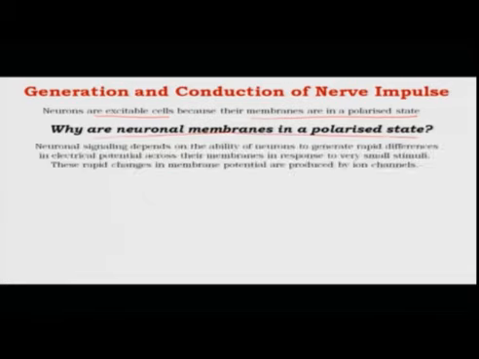To understand this, you have to understand how neurons signal or how they talk to each other. Neuronal signaling depends on the ability of neurons to generate rapid differences in electrical potential across their membranes. So, there is a voltage or a membrane potential, a distribution of charge that is different across the membrane of a neuronal cell.